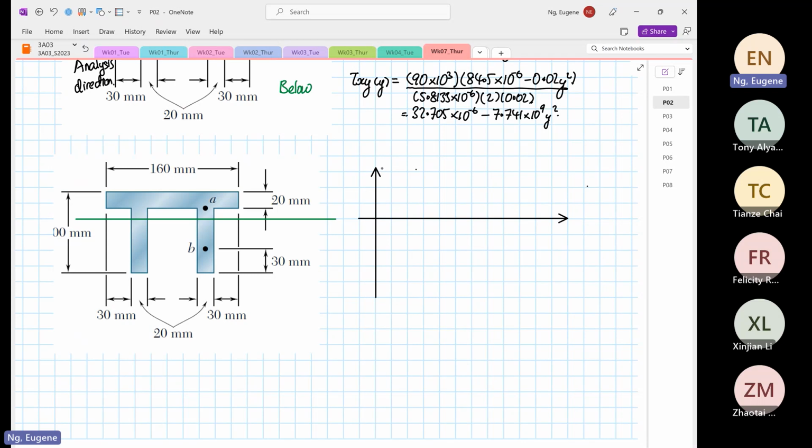So this is our y, and this is our shearing stress. 20, 30, 40, and this is in megapascal, and then over here is in meters, or millimeters. Then we're going to draw our lines.